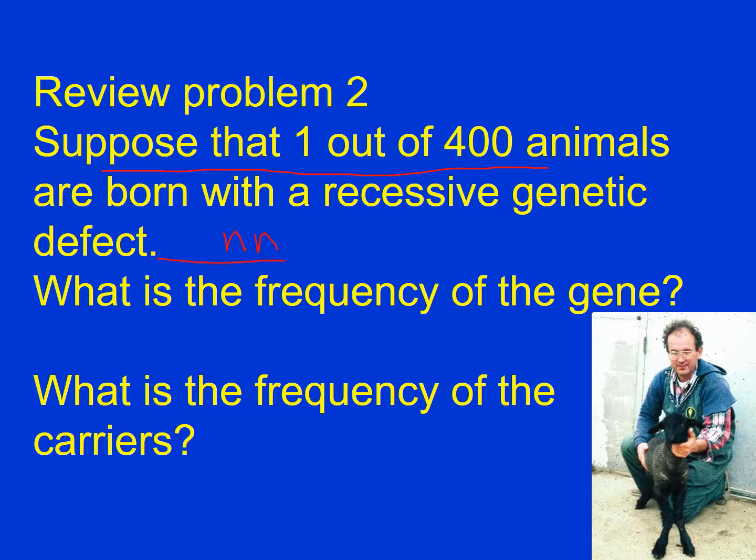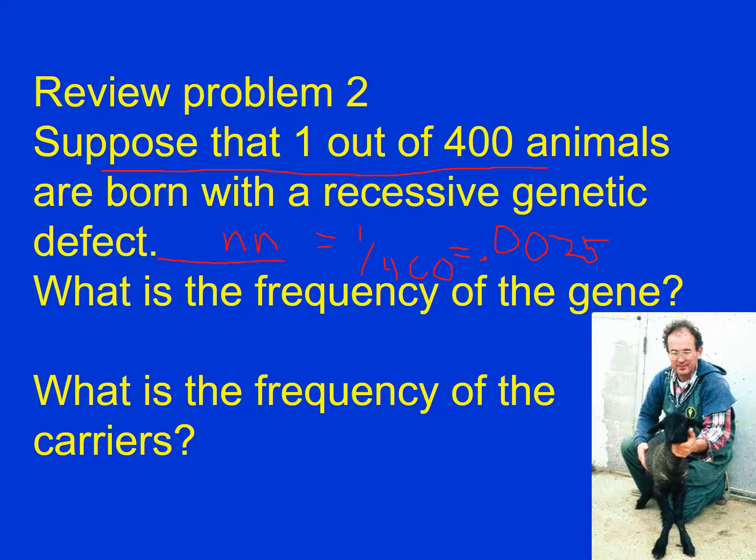And frequency of this equals 1 out of 400, which is equal to 0.0025. So we've got to change that fraction into decimal notation.